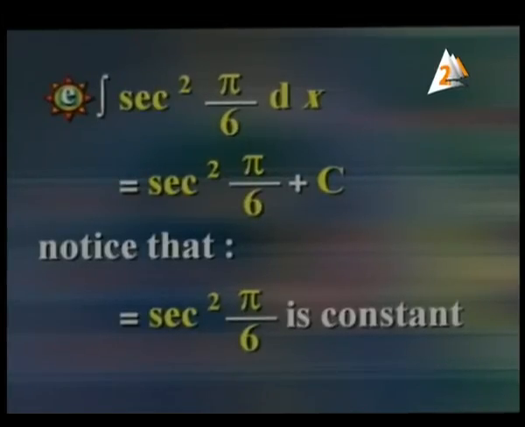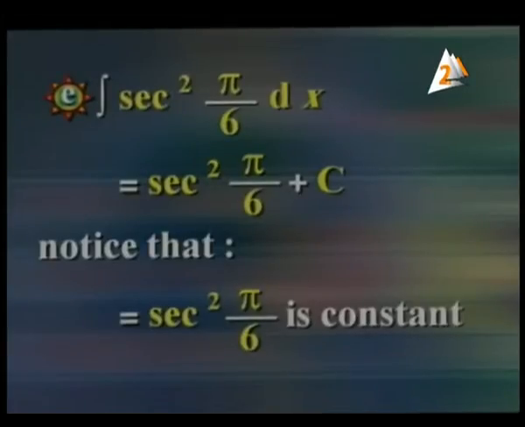This example is a very important example. Why? Anyone may say the integration of sec squared x equals tan x plus c. But in this example, we want the integration of a constant dx.